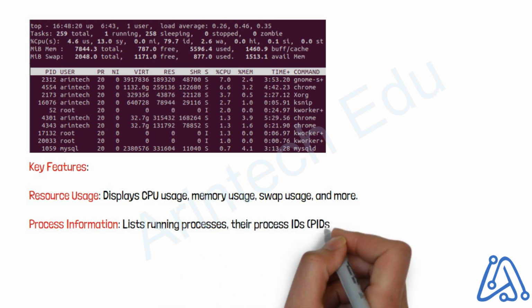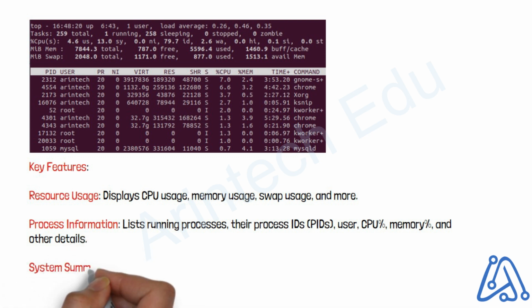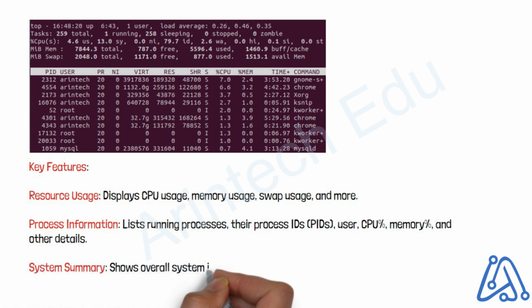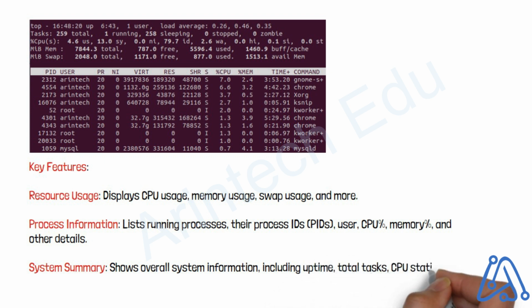Process information, lists running processes, their process IDs, PIDs, user, CPU %, memory %, and other details. System summary shows overall system information, including uptime, total tasks, CPU statistics, and memory usage.